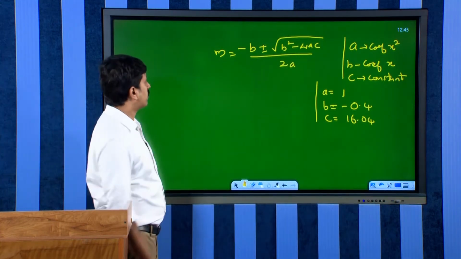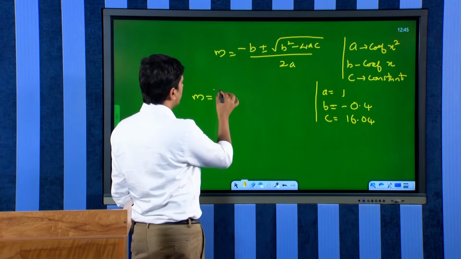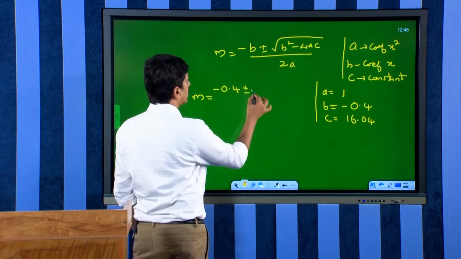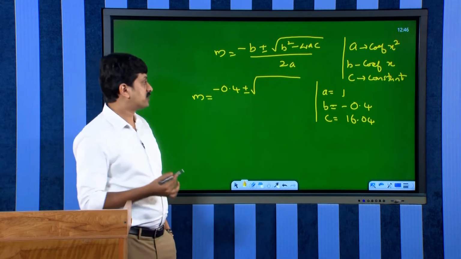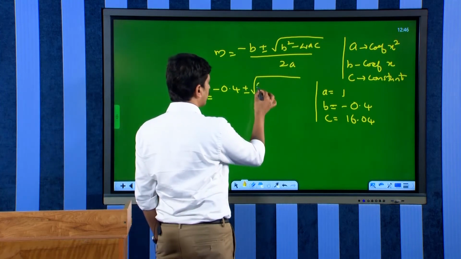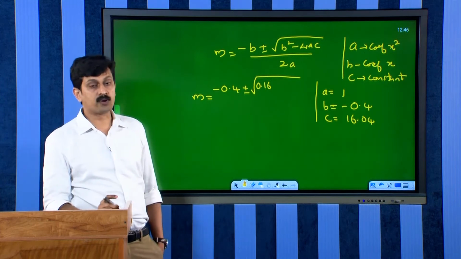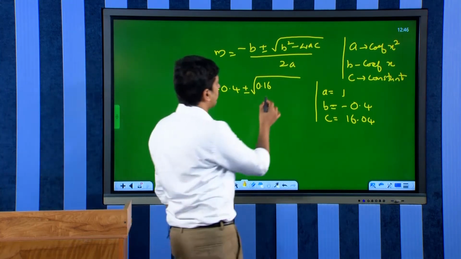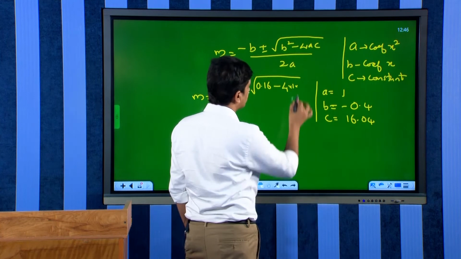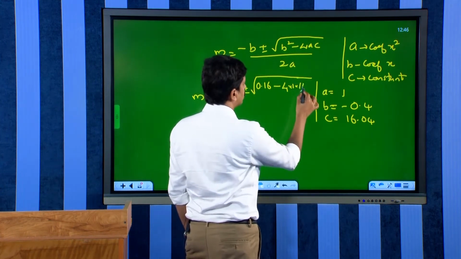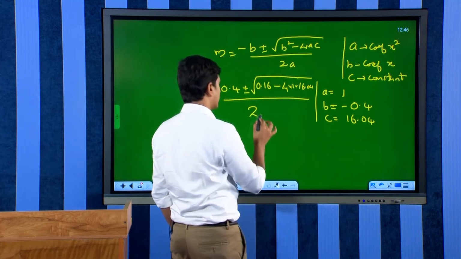Dear students, so we will have m is equal to minus b, that is minus (minus 0.4), plus or minus the square root of b square, that is minus 0.4 square, which is 0.16, minus 4ac, 4 into 1 into the value of c, which is 16.04, divided by 2 into 1.